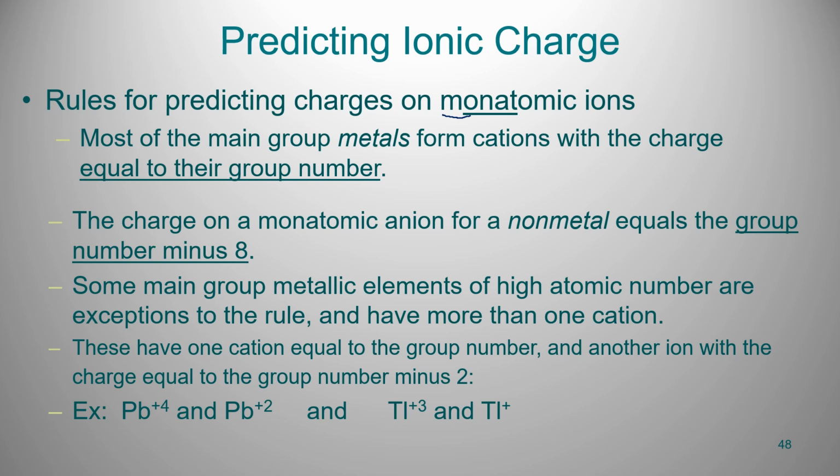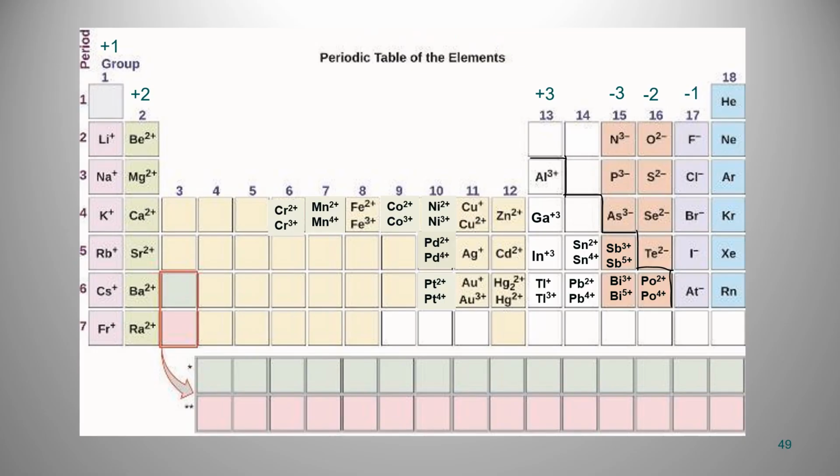So, for example, lead, even though lead's in group 4, it actually likes to make positive ions, and so it actually has 2 ions. Tellurium, which is in group 3A, tends to form 2 different ones. So we'll talk about those in a minute. But the main group elements, most of them are pretty straightforward.